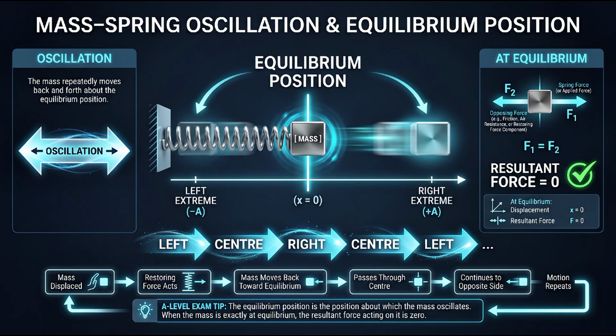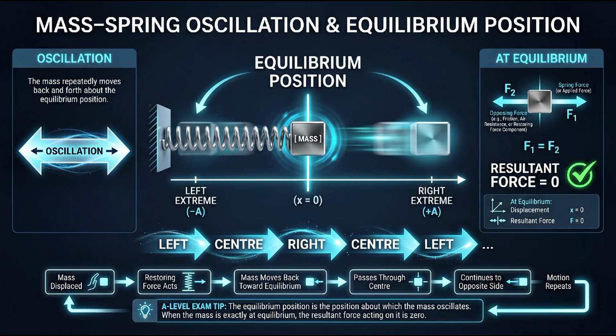Similarly, at the left extreme position, the displacement is negative A, the velocity is again 0 for an instant, and the restoring force acts towards the center, this time towards the right. The fact that the restoring force always acts towards equilibrium is what allows the system to oscillate. If the mass is displaced to the right, the restoring force acts to the left. If the mass is displaced to the left, the restoring force acts to the right. Therefore, the restoring force always opposes the displacement.